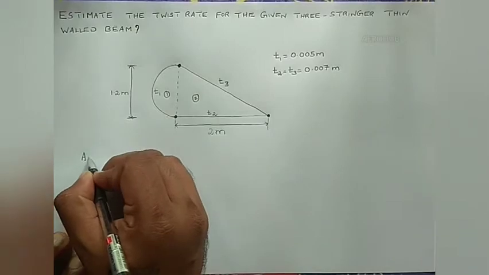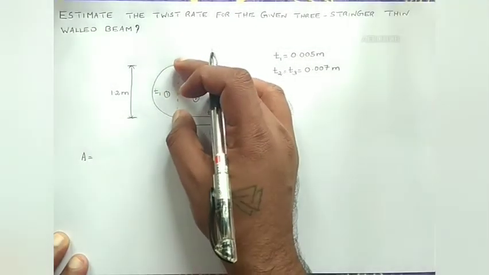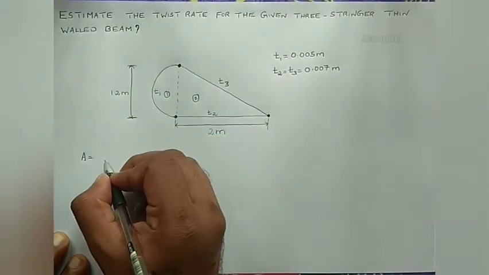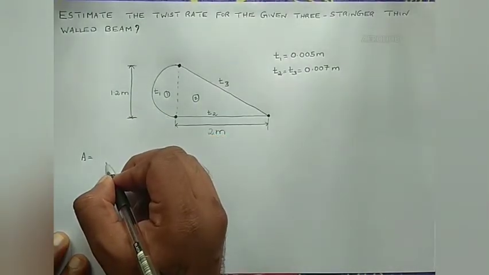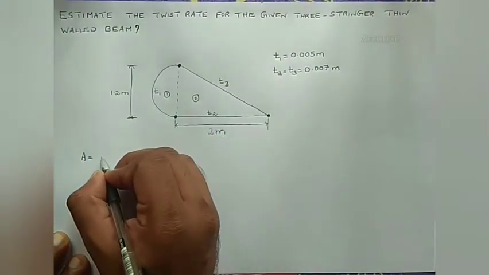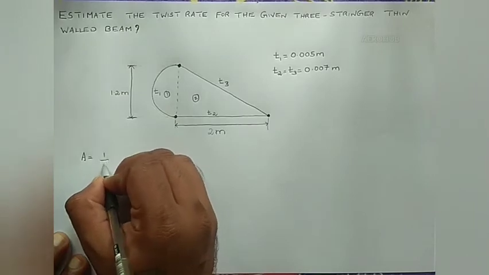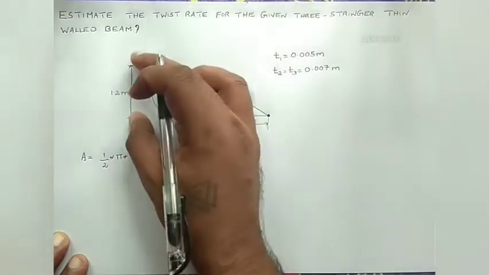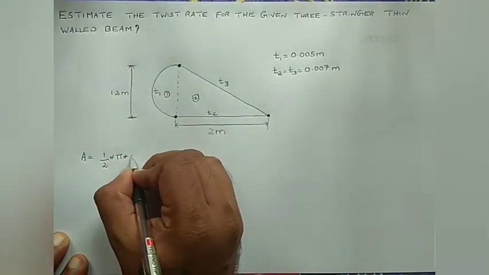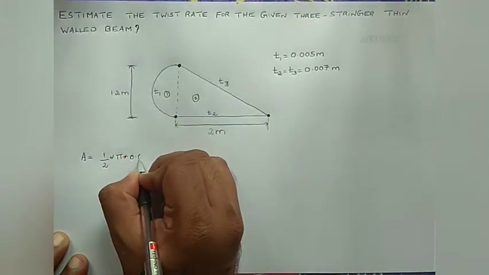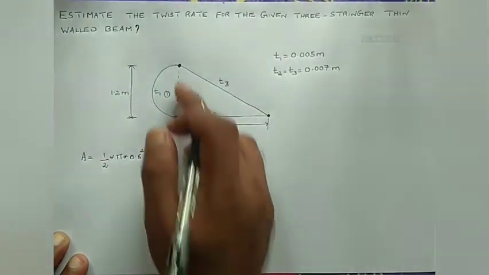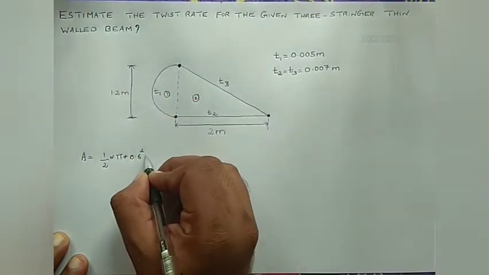Area is equal to, they have given the diameter as 1.2 meter. For a semicircle that will be pi r square by 2. So I'll write 1 by 2 into pi, and the diameter is 1.2 meter, so the radius will be 0.6 meter. So it will be pi r square by 2. This is the area of the semicircle.